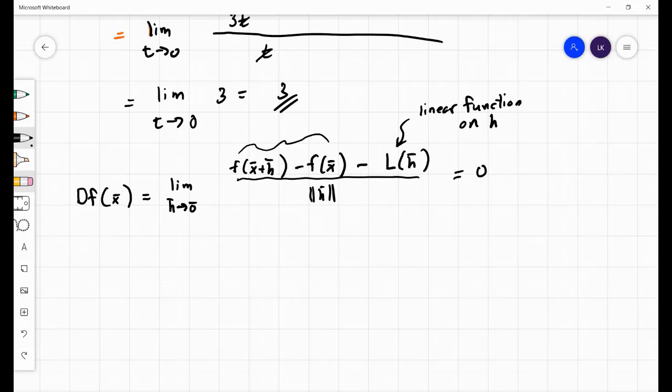And the derivative will be this linear function.